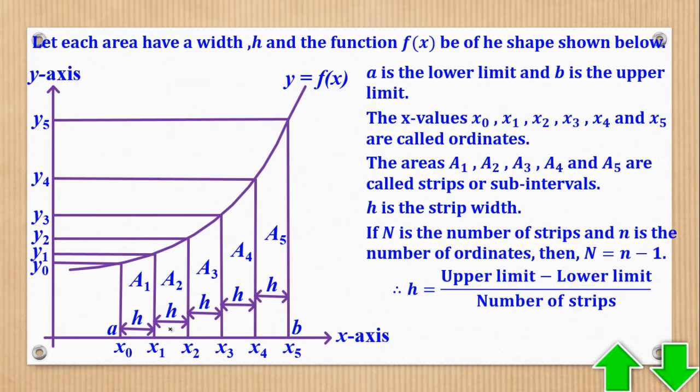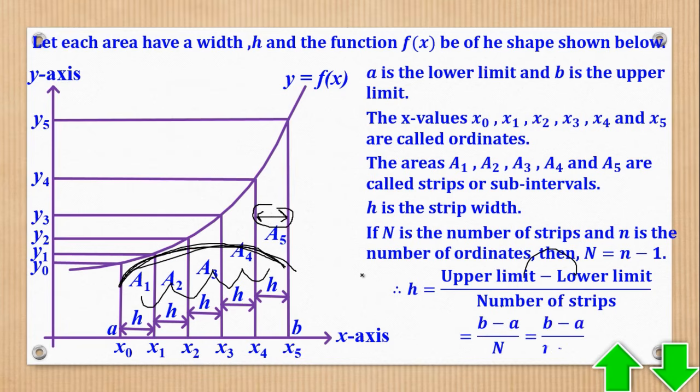We know that from here to here is b minus a, but our interest is the width of only one strip. So we get the whole of this length from here up to here and divide by the number of strips, which is 1, 2, 3, 4, 5. Upper limit minus lower limit gives the whole of this interval. The number of strips are these ones, so when you divide the two, you'll be able to get the strip width.